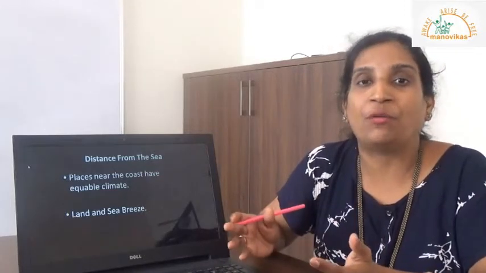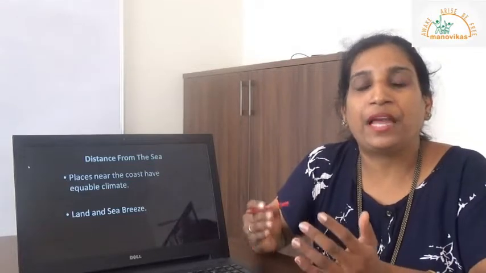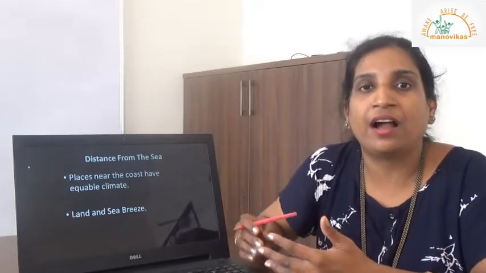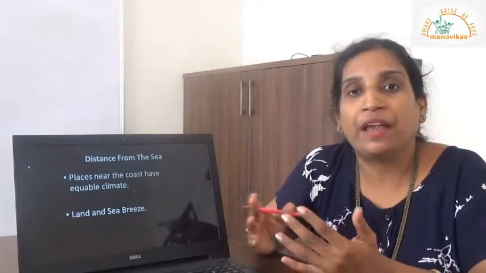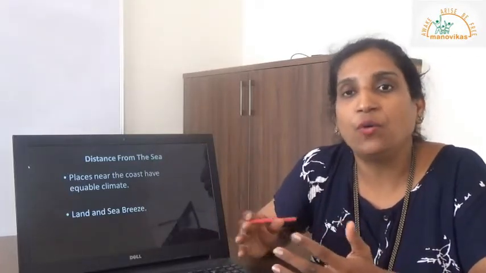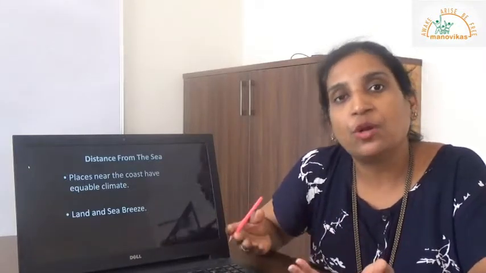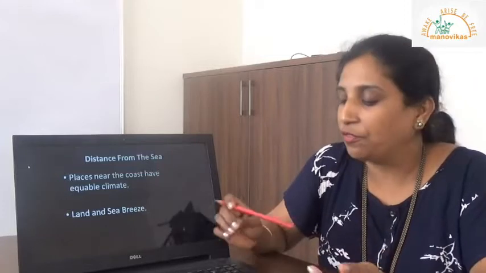You will feel good throughout the year. There is pleasant climate throughout the year. So people in Mumbai, the Maharashtra coast, Kerala or Tamil Nadu coast have big relief. But if you compare to the interior places, there is no influence of the sea, or they are very far from the water bodies, so they experience a different type of climate.